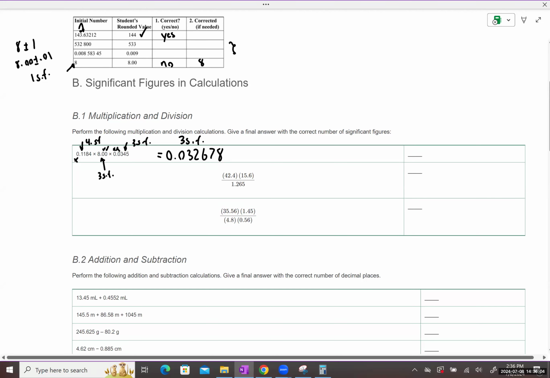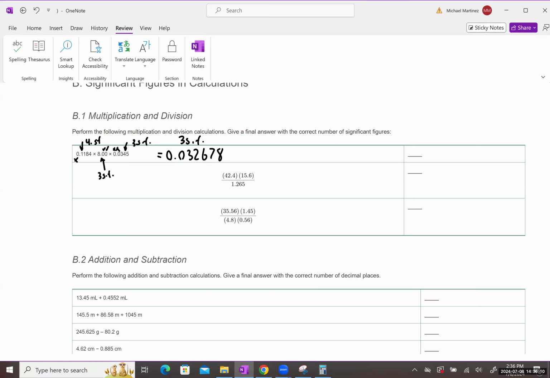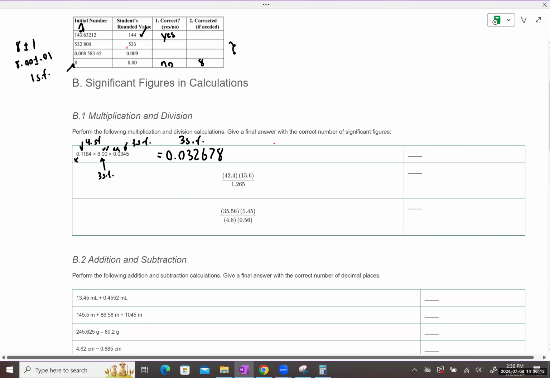But we aren't done. We have to round this answer. And again, these leading zeros are not significant. So we need to find our third reported significant figure. 1, 2, 3. 6 is our third reported significant digit. If we wanted to round this number to 3 significant figures, we look 1 space to the right.